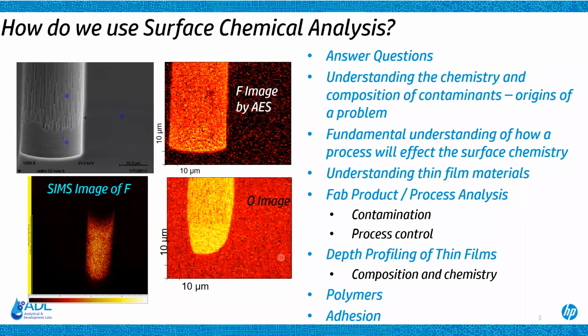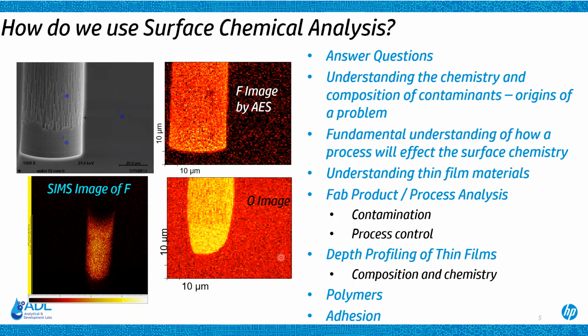So how do we use surface chemical analysis? We use it to answer questions that people have about their materials, to understand the chemistry, composition, understanding how different processes will affect the surface chemistry and what effect that has on the performance of a material.